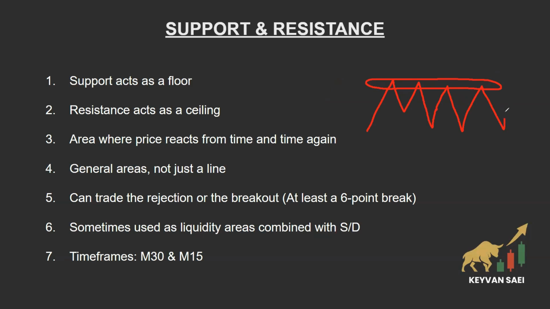So if price would come back to this area, if I don't see a massive break, and as soon as it comes into the level I see confirmations to go short, then obviously I would trade the rejection of this level. Also, you have to keep in mind that many times when there are equal highs, it will just spike right above it and then immediately come back down. A lot of traders call this a fake out, whatever you want to call it. This is just manipulation of some highs.